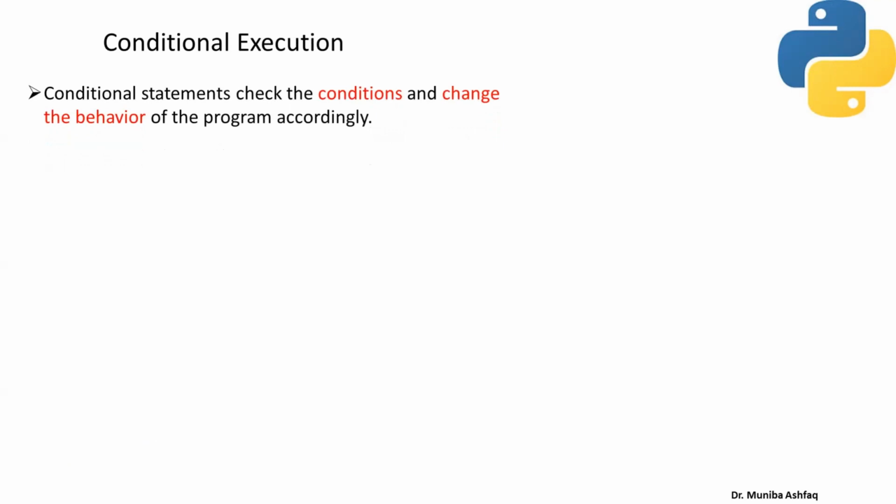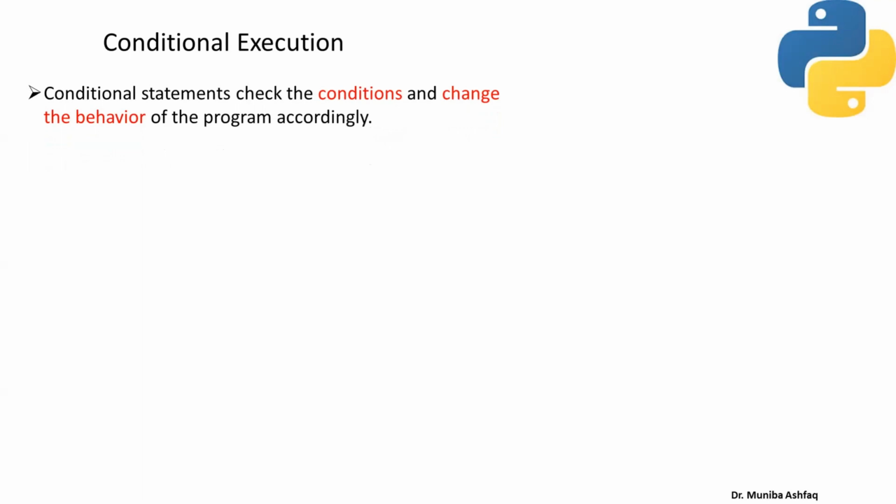Conditional statements check the conditions and change the behavior of the program accordingly. So basically in conditional statements, we have to check the conditions. The conditions are expressed by Boolean expressions, and those Boolean expressions result in either true or false. And if it's true, we have to execute one block of statements.